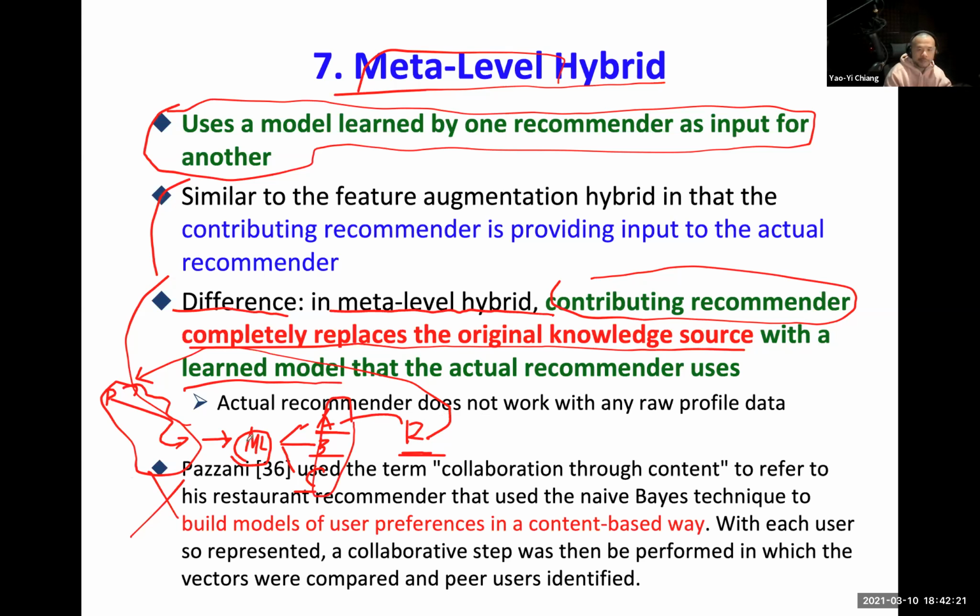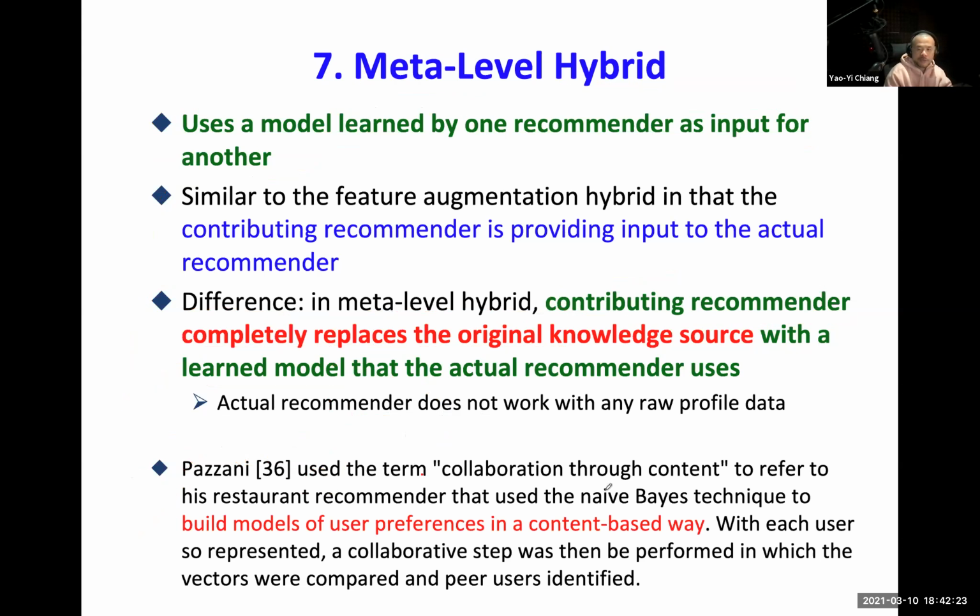If we look at one example here, the term collaborative through content refers to a restaurant recommendation system that uses a naive Bayes technique. This is a machine learning technique to build models of user preferences in a content-based way. So with each user represented, collaborative filtering is then performed on the vectors to identify peer users.